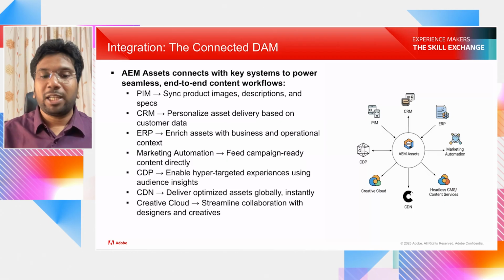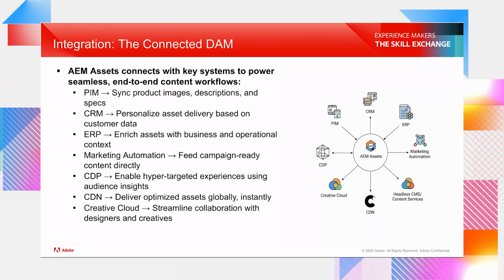We can use a marketing automation platform integration, like Marketo, to feed campaign-ready assets directly. We can integrate with a CDP to provide customized assets based on the user's past history. We can integrate with a CDN to deliver the assets in a very fast manner. We can integrate with Creative Cloud, like Photoshop and others.